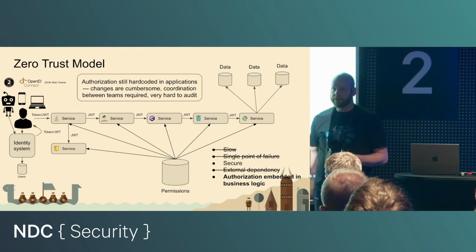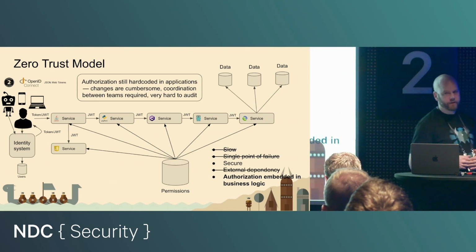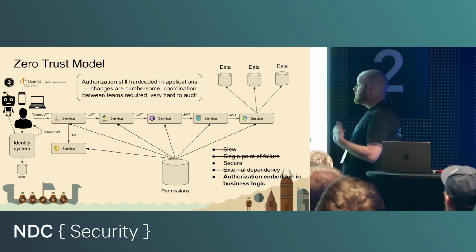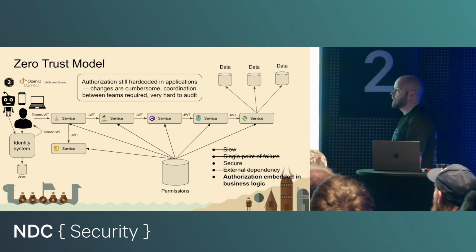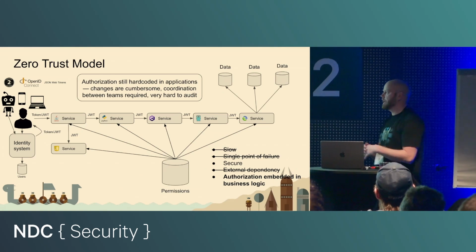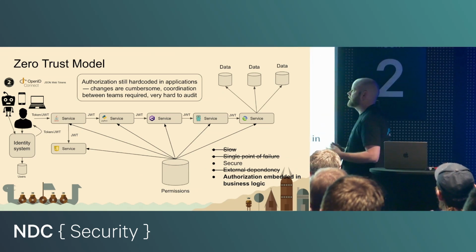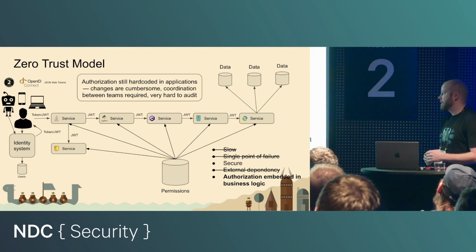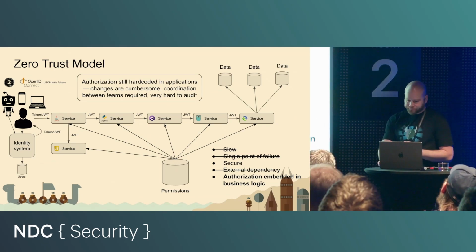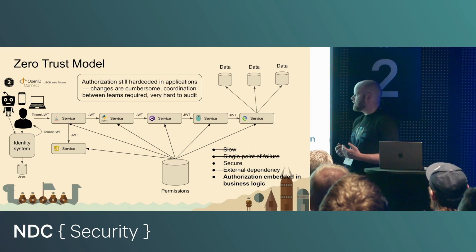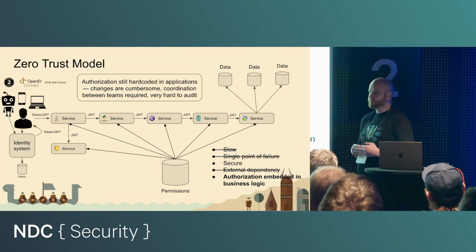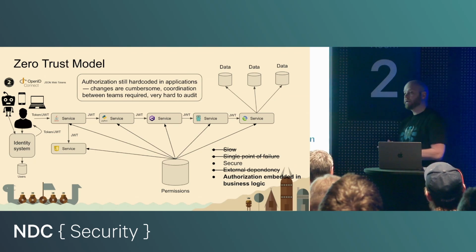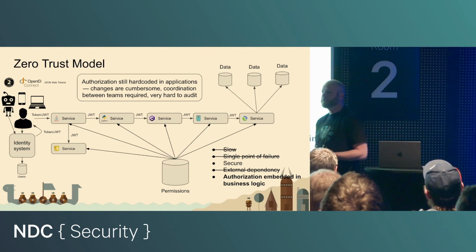We have authorization logic embedded inside of our application. If you have an entirely unified architecture, like we only have Java in our organization, this might not be as much of a problem, but eventually I think it will be. And I think one of the clear benefits of microservices is that it allows a greater level of team autonomy.